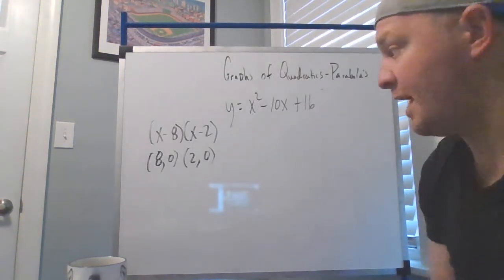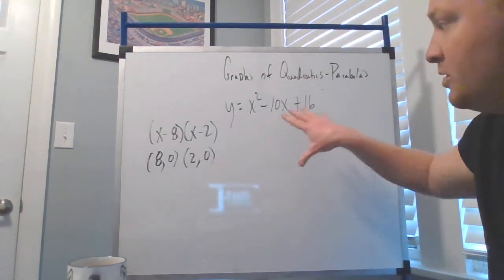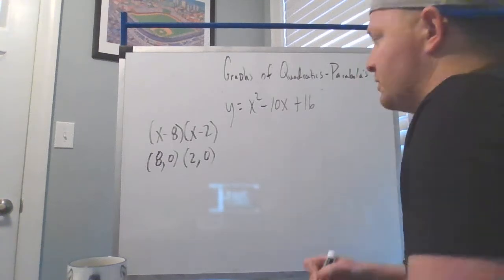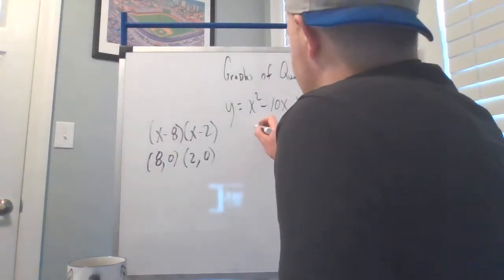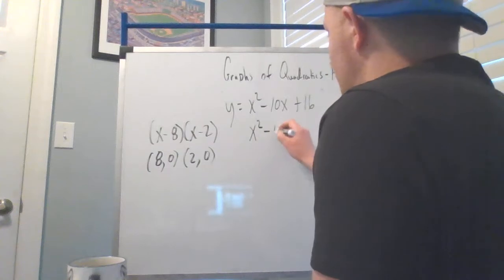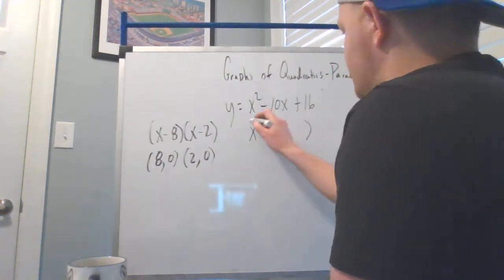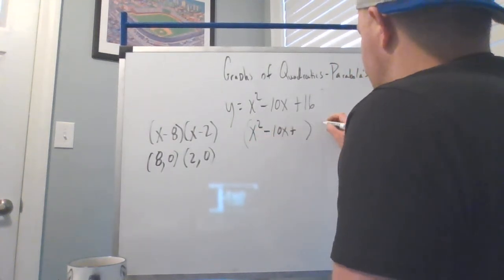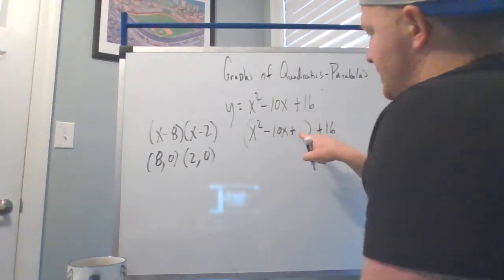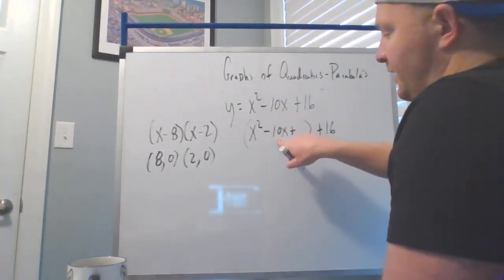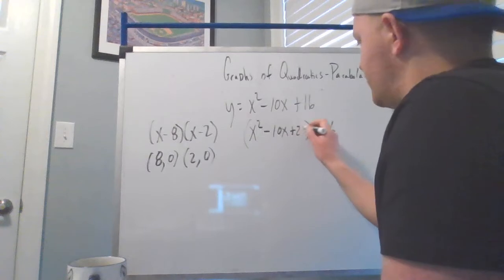Now I'm going to show you another way to get those exact same answers if you don't see it the way that I saw it. So let's do completing the square now. I got x squared minus 10x, parentheses, plus something, and then plus 16. Half of negative 10 is negative 5. Negative 5 squared is 25.